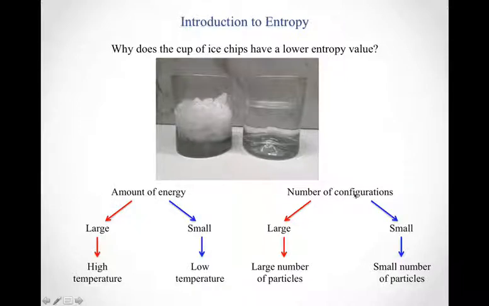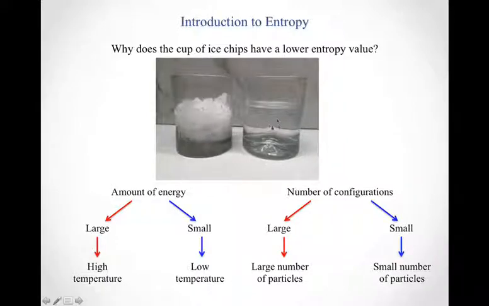In terms of the number of configurations, in this circumstance it's not so much about the number of particles, because roughly speaking, the number of particles here and here are about equal. It's the fact that in the ice, those particles are bound in a solid structure. They have less ability to move back and forth relative to the particles around them.